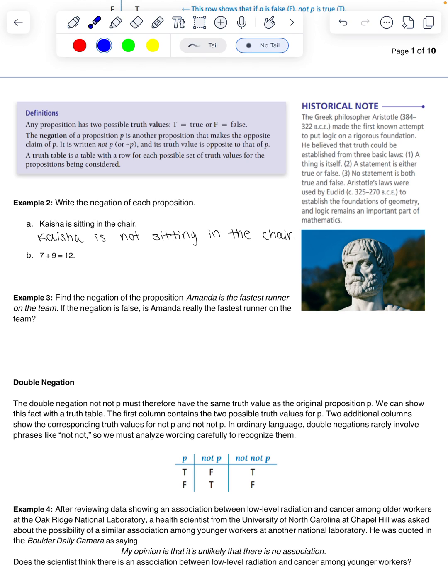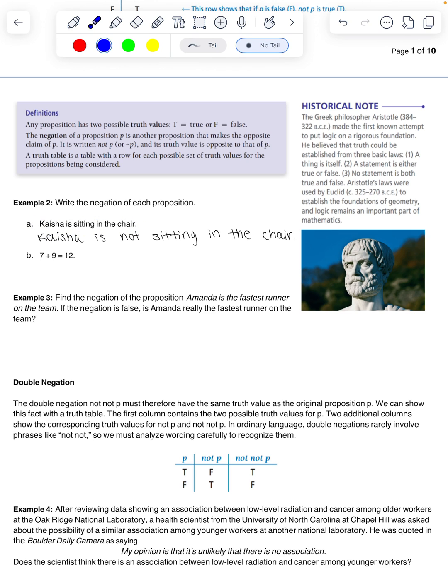If we had started with "Kaisha is not sitting in the chair," it wouldn't make any sense to add the word not, because then you'd have "Kaisha is not not sitting in the chair," which doesn't make any sense. So that's why I was saying, if it already has a negative in there, then you would take it out to get back to "Kaisha is sitting in the chair."